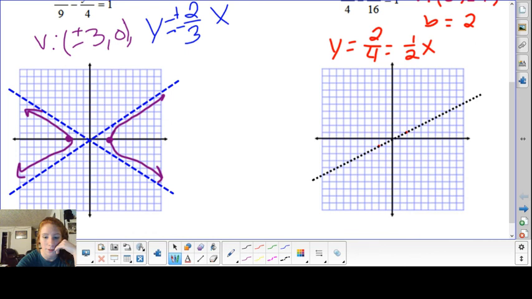And I'm going to go back and do down 1 to the right 2 and up 1 to the left 2. Connect my dots.